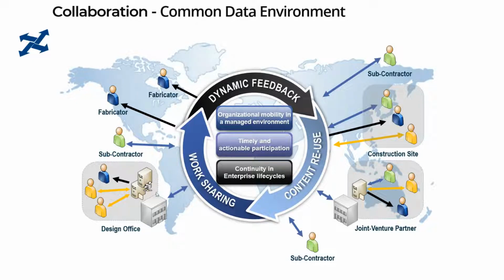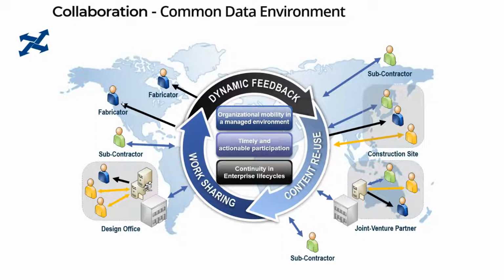What I meant to say here is that each of these stakeholders needs to access the data, because when we are transmitting documents from one stage to another, it needs to be digitally accessed by each of the stakeholders. The design office is located in a different location.